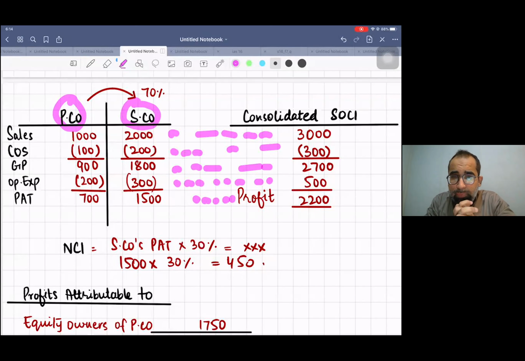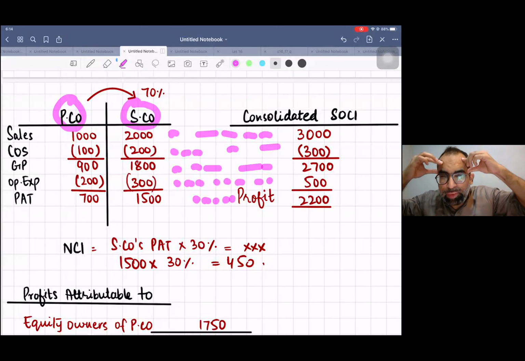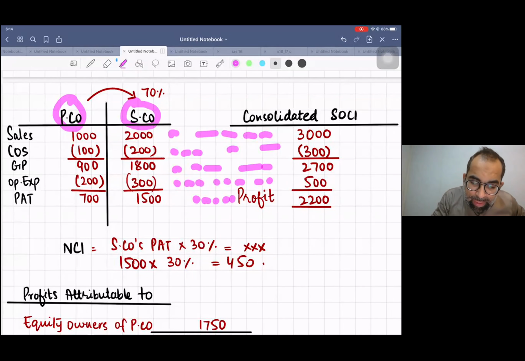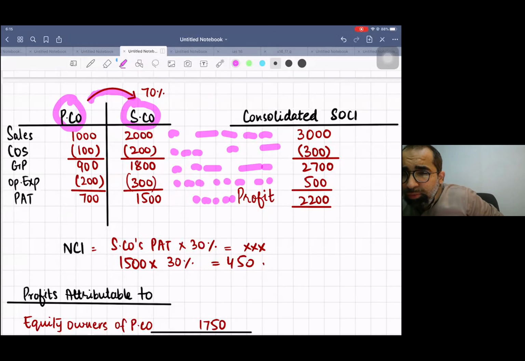But after doing the adding together, you realize that the holding of the parent company in the subsidiary company is only 70%. We completed the adding together, so now we need to compute NCI.